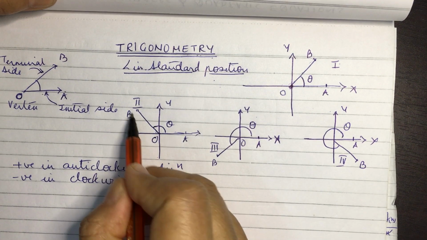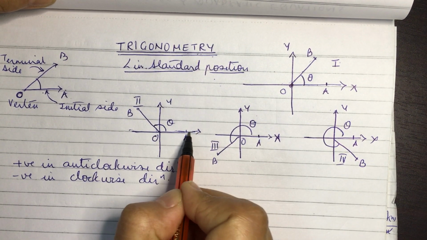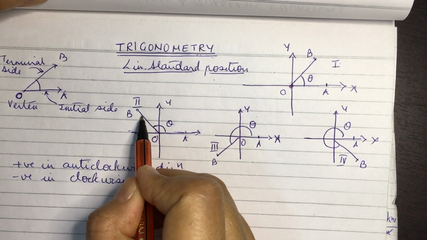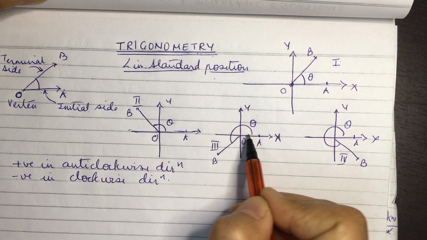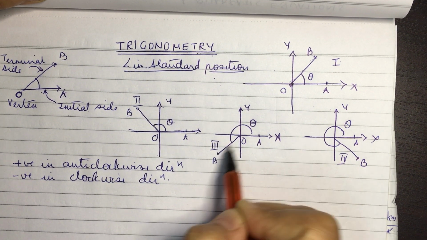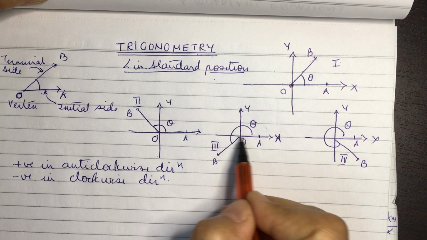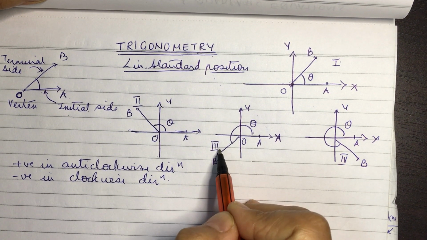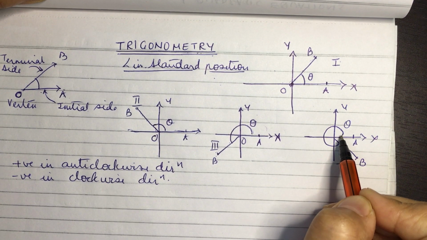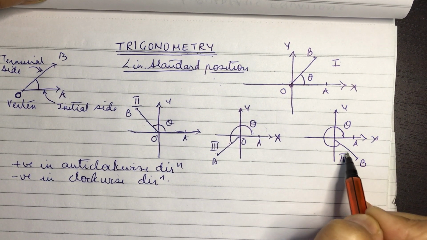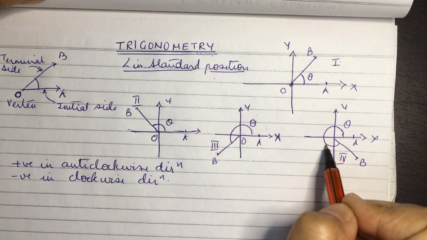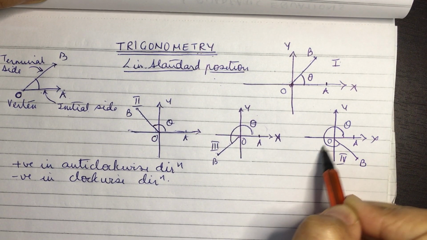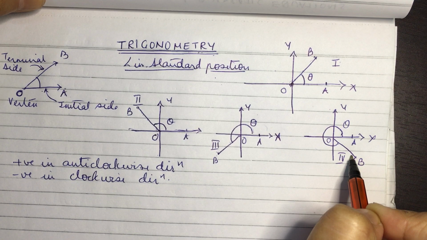Over here the terminal side falls in the second quadrant, and so this angle is in the second quadrant. Here the terminal side falls in the third quadrant, and so the angle AOB is in the third quadrant. Similarly, in this case the terminal side belongs to the fourth quadrant, and so the angle AOB is said to be in the fourth quadrant.